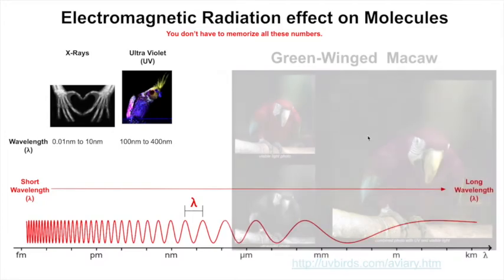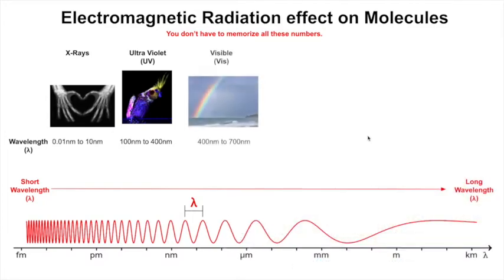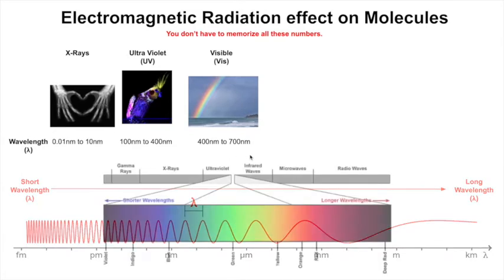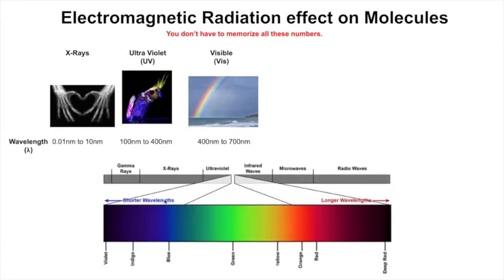Interesting. And then next up in wavelength is the visible light that we see. So visible light we see from about 400 nanometers wavelength to about 700 nanometers. So if we zoom in on that, you can see I have the X-rays, gamma rays. I left out gamma rays, they're even higher energy than X-rays. And then we have the ultraviolet that the birds and things can see, and the visible, which we can see.